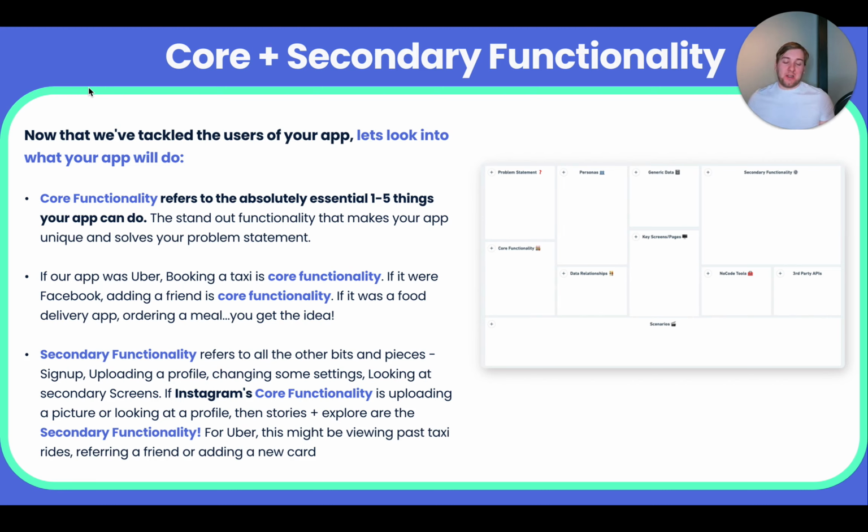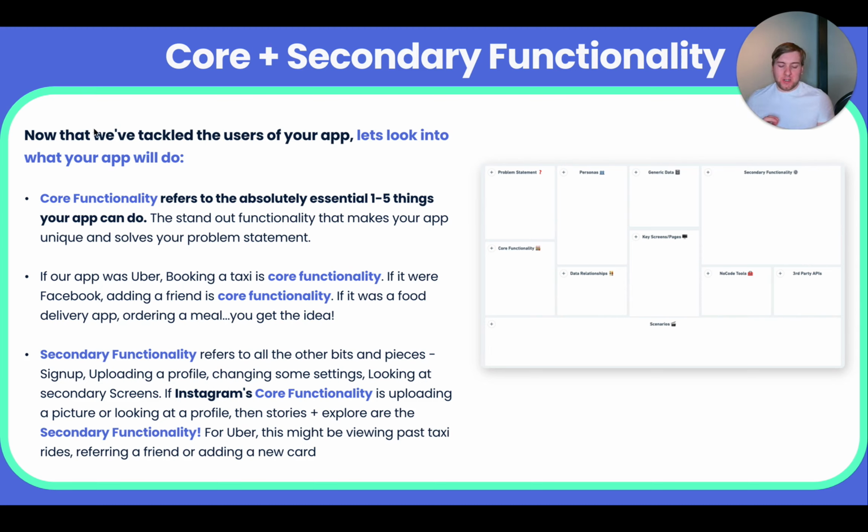And so secondary functionality is really just the key things that you need to make your app work. So you probably need a sign up, you probably need a login, you might need some sort of onboarding screen for getting the user's information. If you're Uber, then you might need ride history or the ability to add payments. These are not the core things your users are going to talk about or feel value from, but they are the things that you need to actually make your app happen.